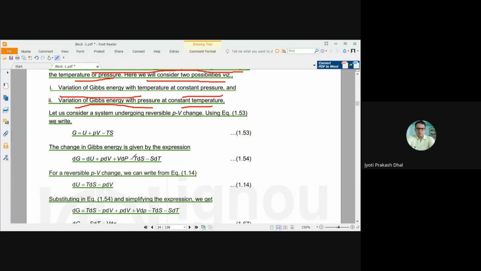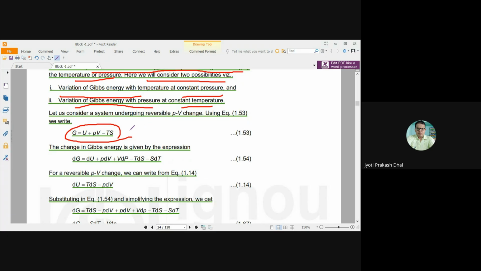So let us consider a system undergoing a reversible pressure volume change. From this we can write G equals U plus PV minus TS, because G equals H minus TS. We have already discussed G equals H minus TS. In place of H we can write U plus PV.